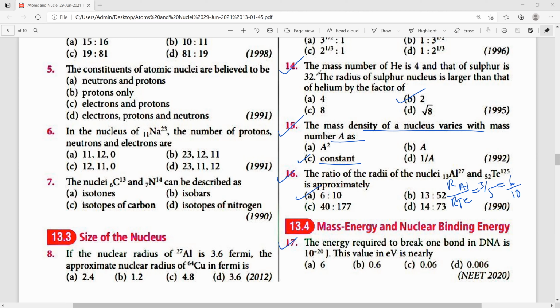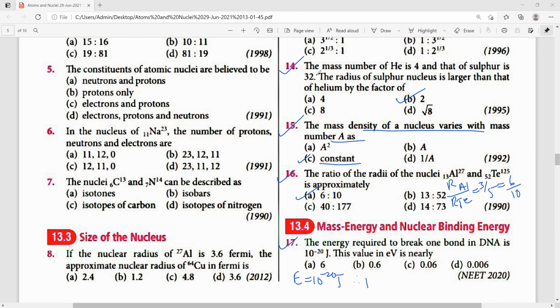17th one. The energy required to break one bond in a DNA is 10 to the power of minus 20 joule. This value in electron volt is nearly equal to 6.6, 0.06, 0.006. Recently asked question it is. So this is calculated as E is equal to 10 to the power of minus 20 joule. 1 joule is equal to 1 divided by 1.6 into 10 to the power of minus 19 electron volt.